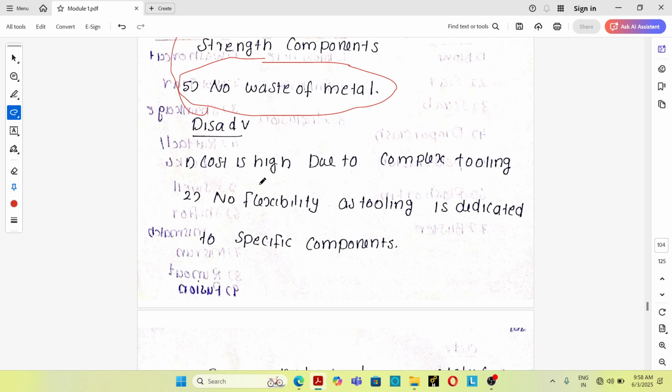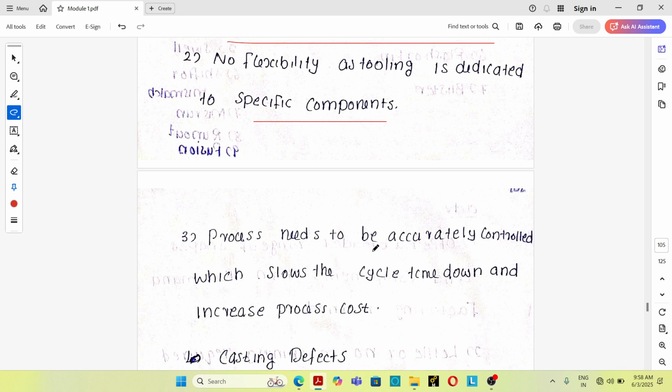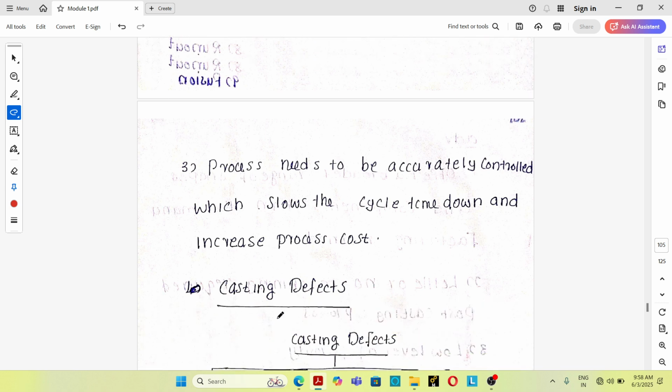Disadvantages. Cost is high due to complex tooling. No flexibility as tooling is dedicated to specific components. The process needs to be accurately controlled, which slows the cycle time down and increases process cost.